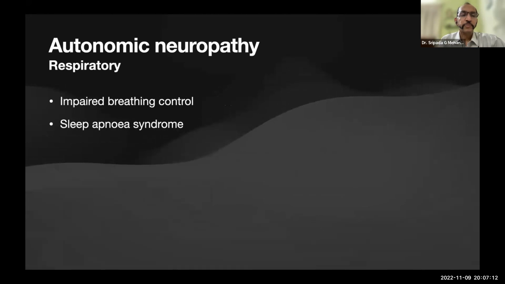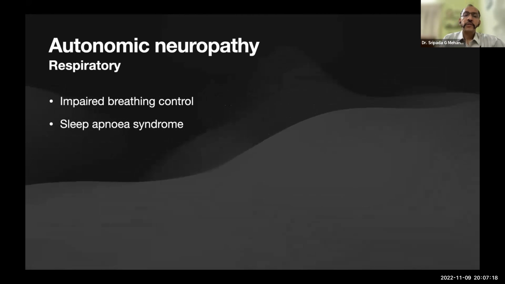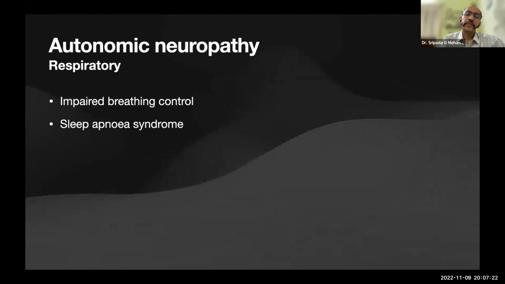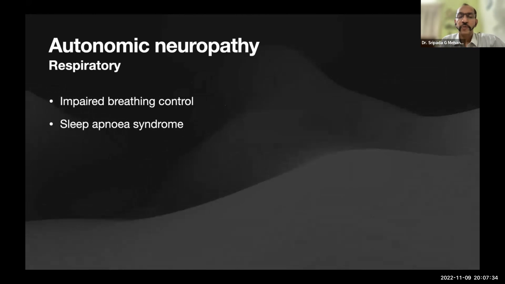Coming to the respiratory system, it has impaired breathing control just because of the neuropathy, and these patients may have sleep apnea syndrome, which is often undiagnosed. In case of obstructive sleep apnea, it is easy to make out because the partner of the patient can complain, or even the patient himself has manifestations of sleep apnea when it is serious.